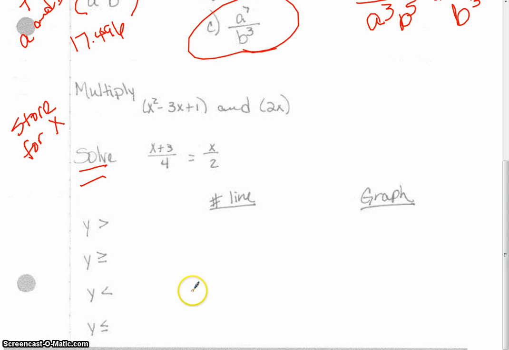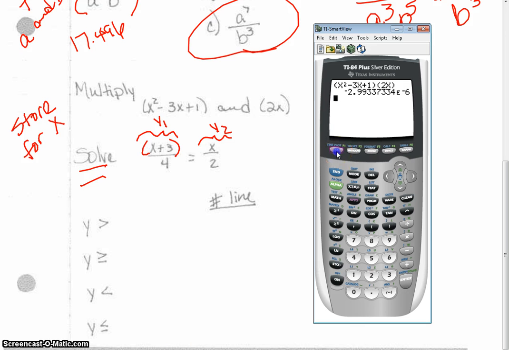When you solve, remember everything before the equal sign goes to y1. Everything after goes to y2. You have to be careful with the fraction and put anything in the top in parentheses. So go into y1. We're going to clear it. And we're going to say open x plus 3 close divided by 4.